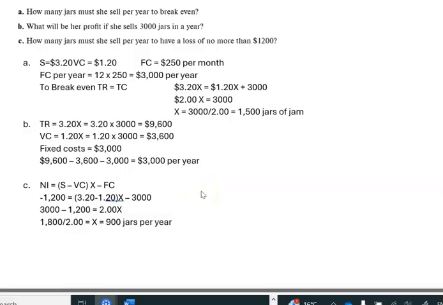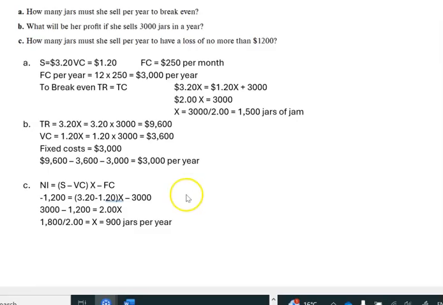How many jars must she sell per year to have a loss of no more than 1,200? So here I'm using this formula. So we know the net income. She wants no more than a loss of 1,200. So we've got a net income of negative 1,200 equals our selling price minus our variable cost, multiply that by the number that we're looking for, which is our X, minus 3,000.